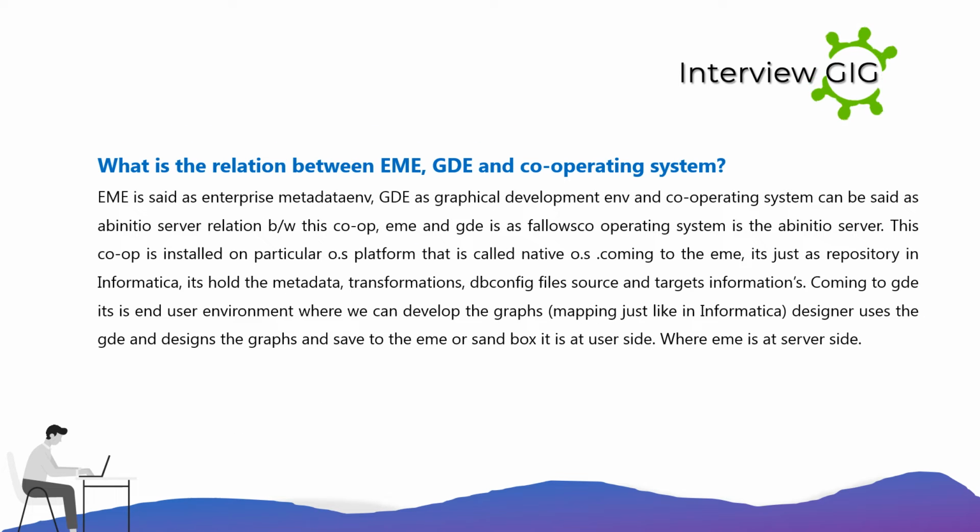What is the relation between EME, GDE and the Co-operating system? EME is set as enterprise metadata environment, GDE as graphical development environment, and the Co-operating system can be set as the Ab Initio server. The relation between Co-op, EME, and GDE is as follows. The Co-operating system is the Ab Initio server. This Co-op is installed on a particular OS platform that is called the native OS.